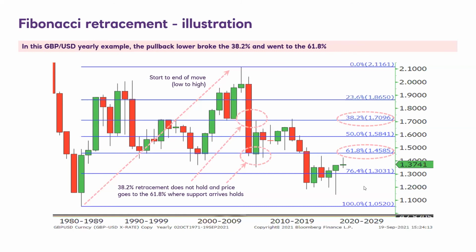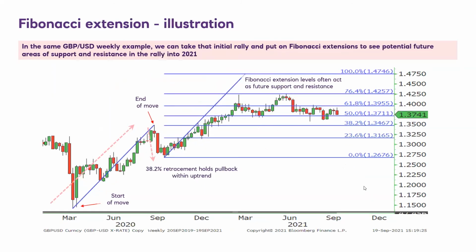The final slide is the next slide, and this is an extension. In the same way as with the retracement, we can take the same move we looked at on the retracement slide. We can look at the start of the move to the end of the move, and where it pulls back to the 38.2%, we then plot the extensions on. We put the same ratios on, but going up.